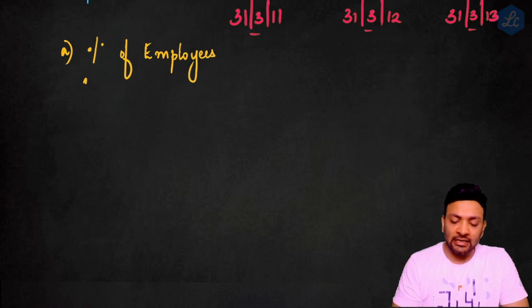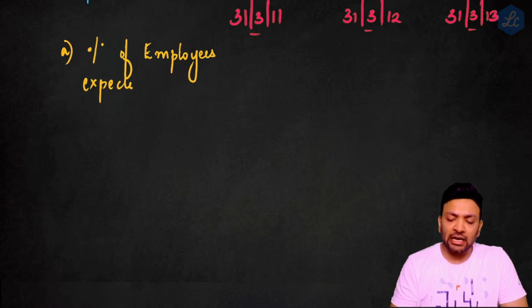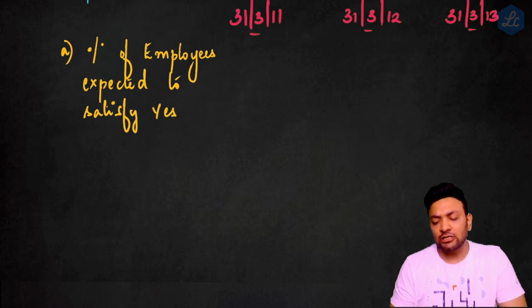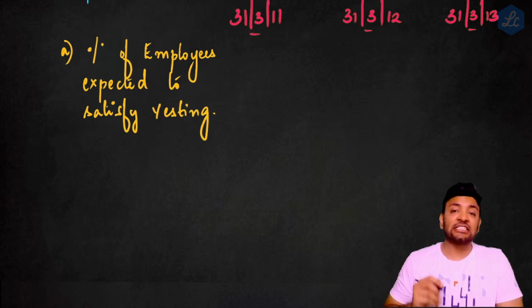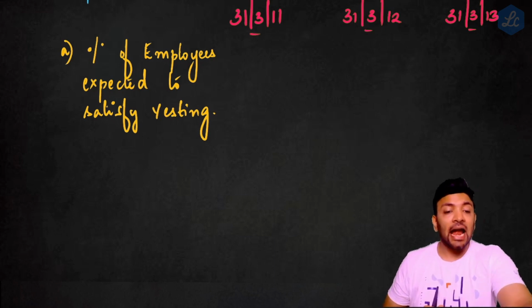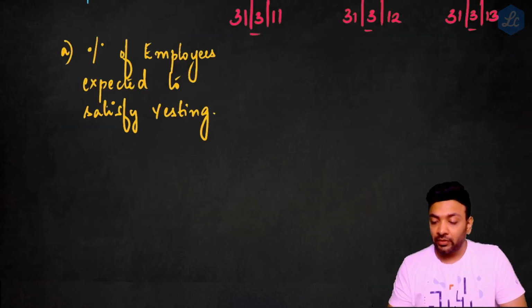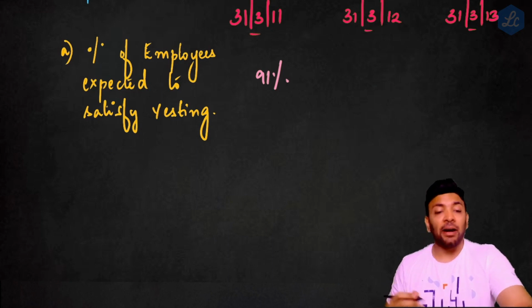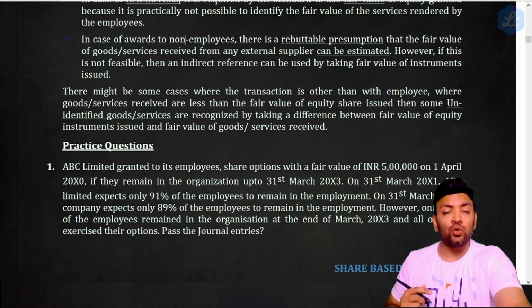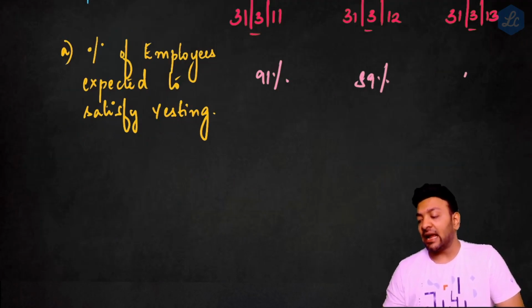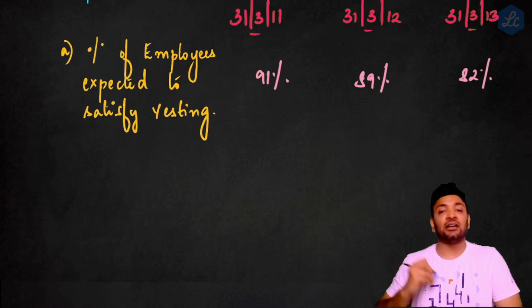Number of employees who are expected to satisfy vesting. How many employees or what percentage of employees will remain in the organization to complete the vesting condition of 3 years? At the end of first year, enterprise expects only 91% to remain in employment. By the end of second year, my estimate became 89. Third year actual is 82. I expected 89, actual people remaining at the end of 3 years is only 82.